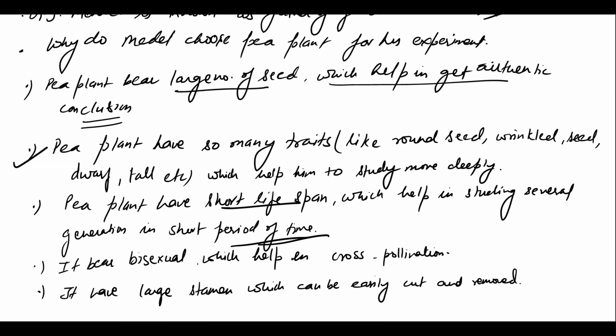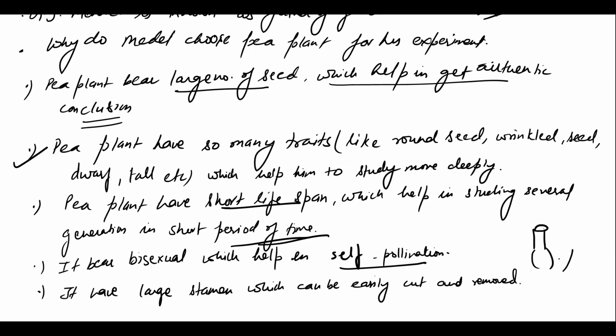Next, it bears bisexual flowers, which help in self pollination. Write down self pollination. It also has large stamens, which can be easily cut if you want to do cross pollination, transferring pollen grains of a different plant onto it.